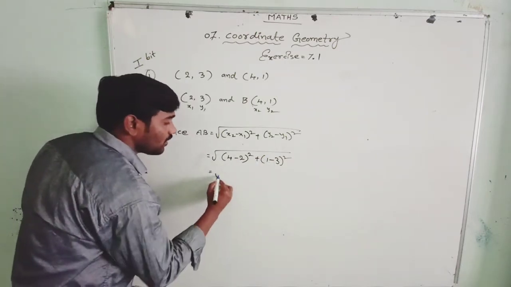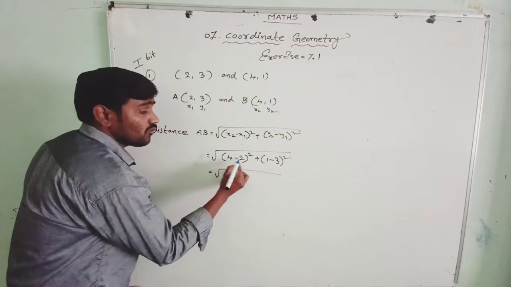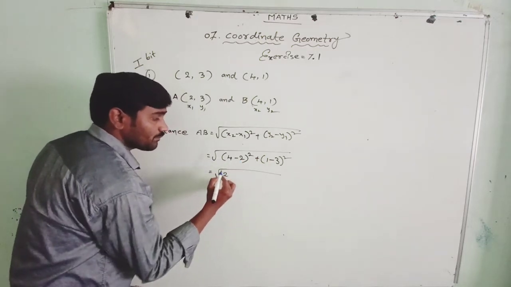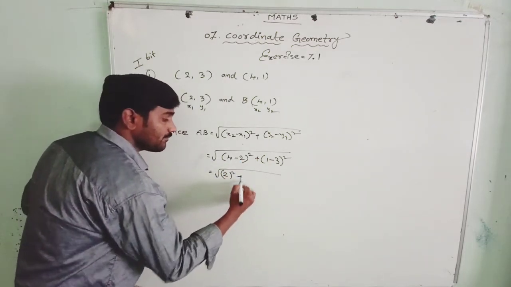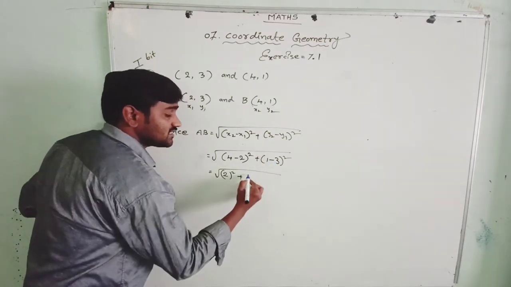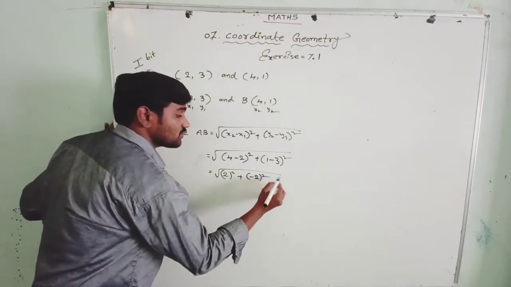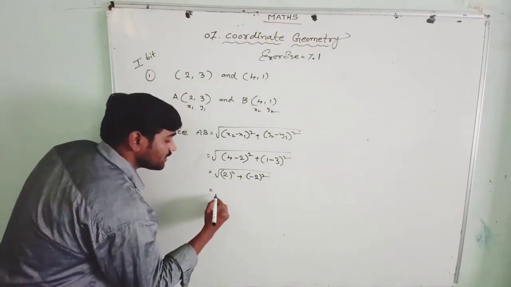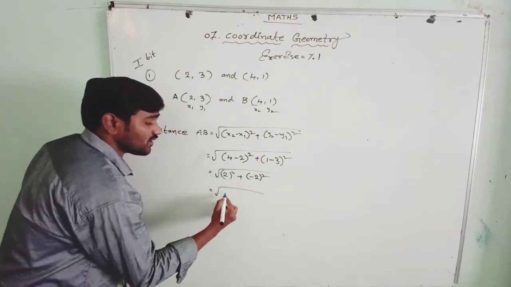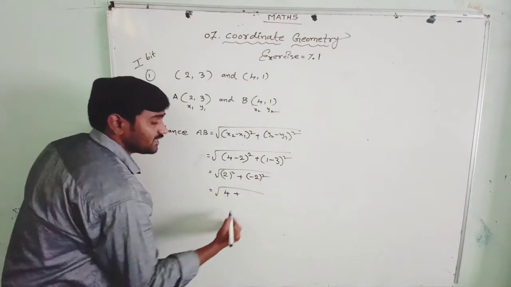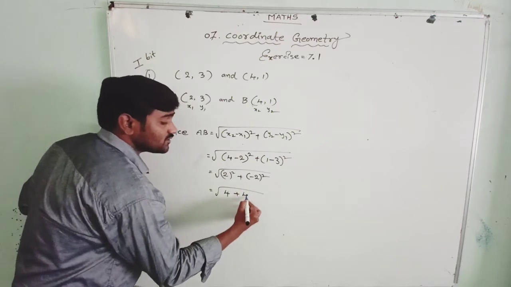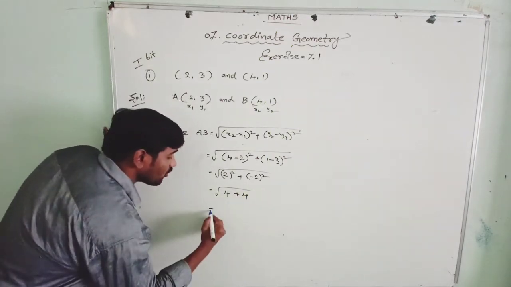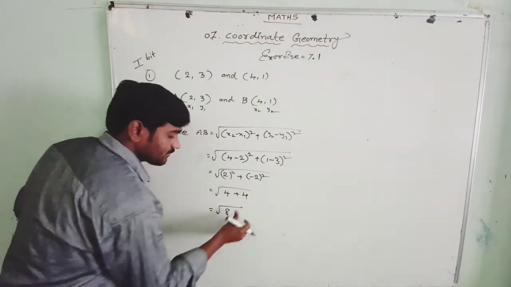Now, under root of (4 minus 2 is 2) whole square plus (1 minus 3 that is minus 2) whole square. Here 2 square value is 4, plus minus 2 square value is also 4. 4 plus 4 is 8.